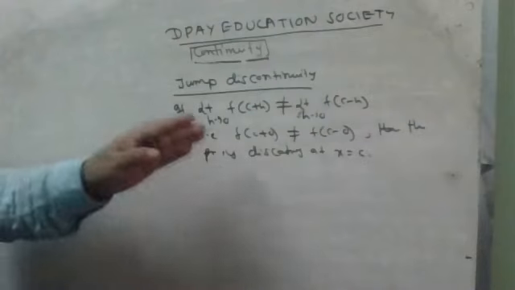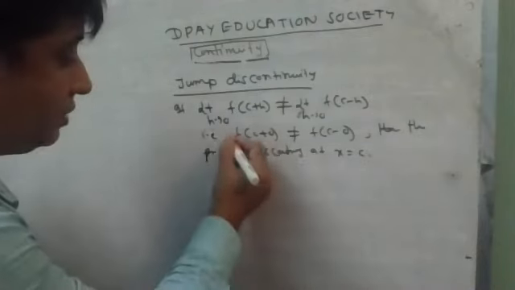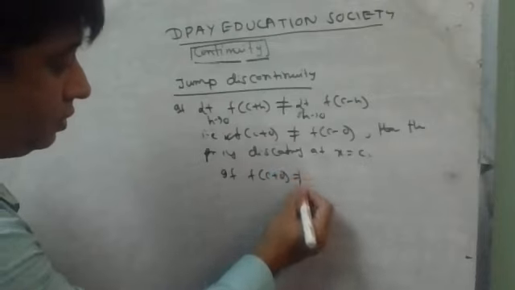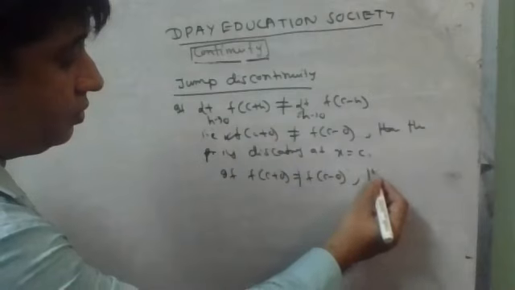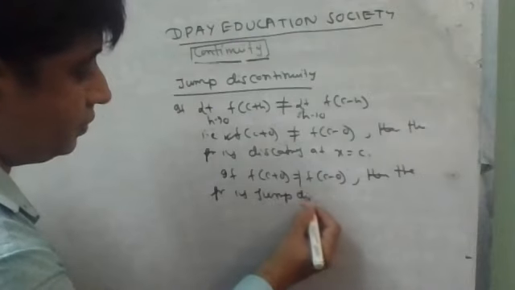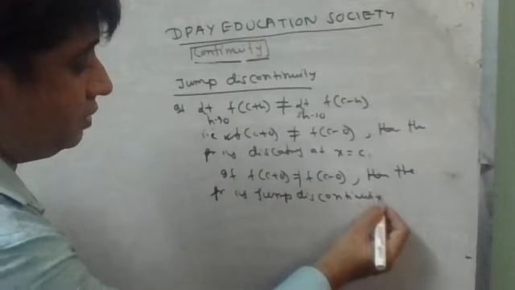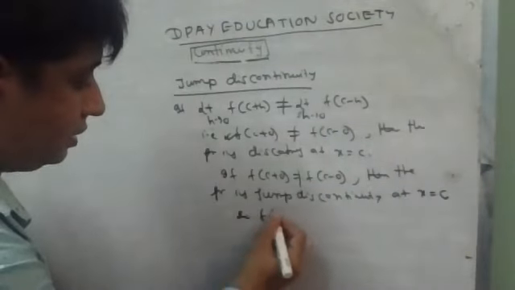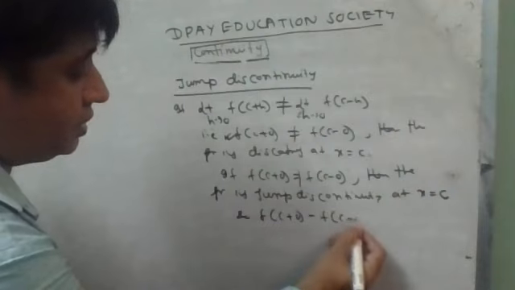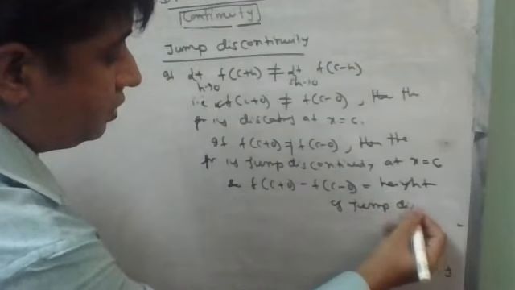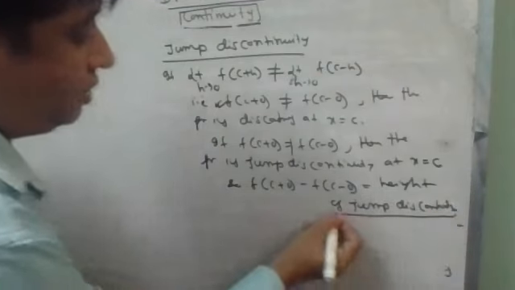Now we can say if this occurs, the function has a jump discontinuity at x is equal to c, and the difference between f(c plus 0) and f(c minus 0) is called the height of jump discontinuity.